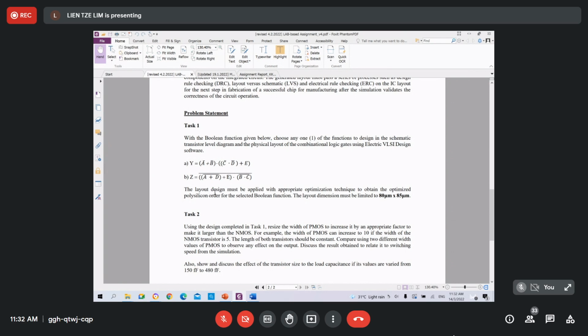The layout design must be applied with appropriate optimization techniques to obtain the optimized polysilicon order for the selected Boolean function. The layout dimensions must be limited to 80 micrometer by 85 micrometer, meaning you must make sure the layout is within these dimensions.